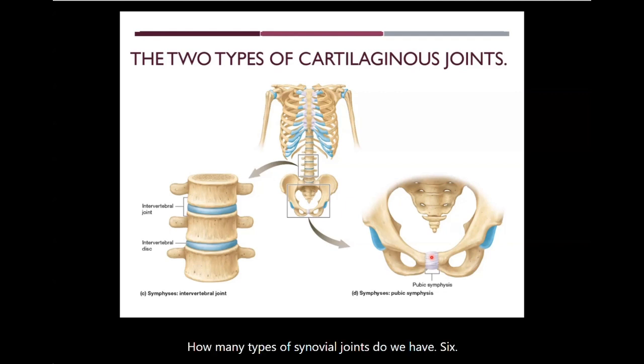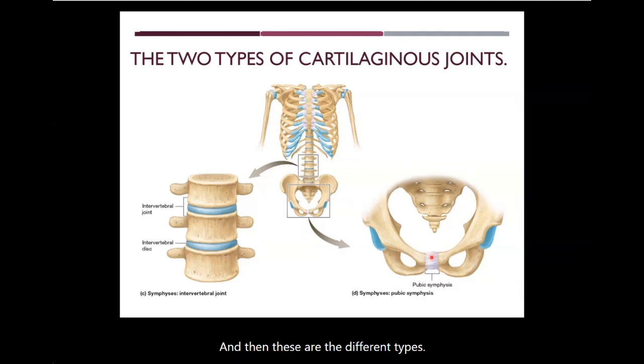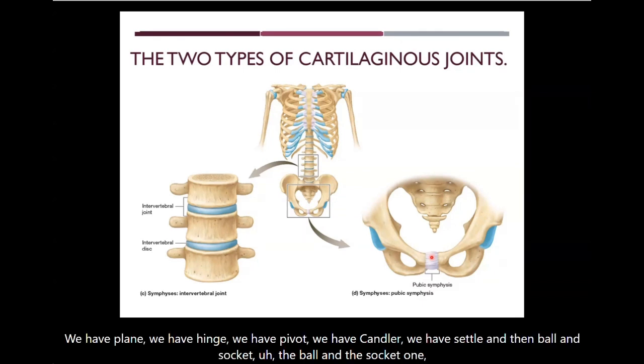How many types of synovial joints do we have? 6, okay? Synovial joints are the ones that are freely movable. These are the different types: we have plane, hinge, pivot, condylar, saddle, and ball and socket.